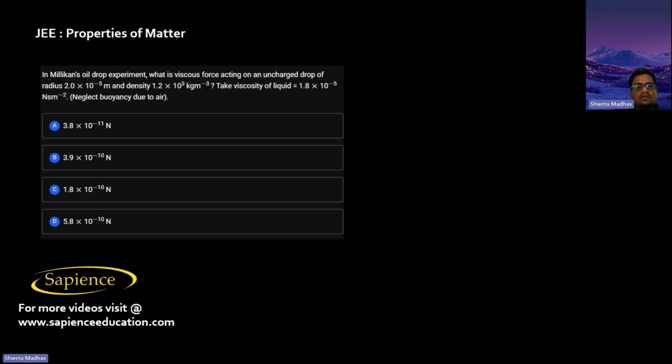Then it is told in Millikan's oil drop experiment, what is the viscous force acting on an uncharged drop of radius 2 into 10 power minus 5 meter and density 1.2 into 10 power 3 kg per meter cube.